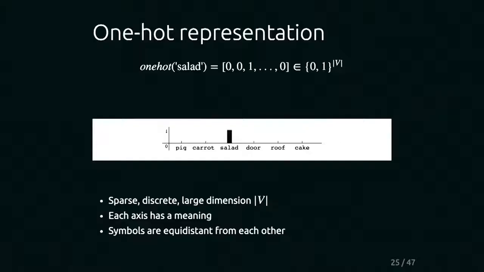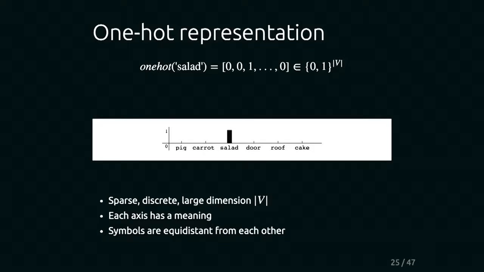So you have 1 million possible dimensions, for instance, and you would put zeros for all the entries except for the entry for the dimension that matches the symbol salad, and you set it to 1. So in that case, you get a very sparse vector that is discrete because the values are not continuous, they are 0 or 1, in a very large dimensional space, which has the size of the catalog or the vocabulary.